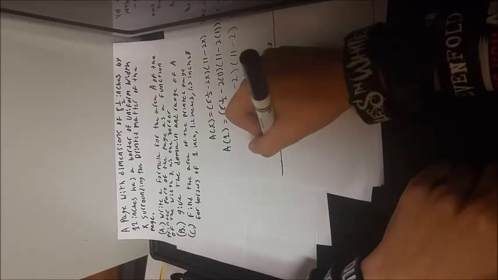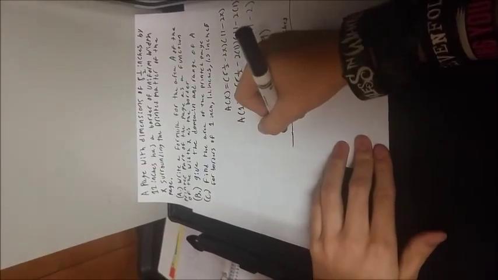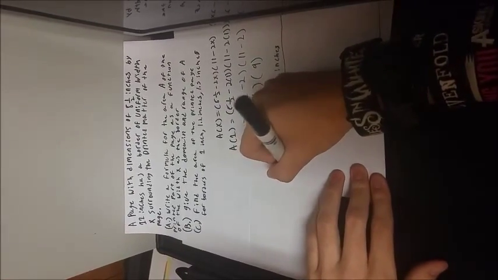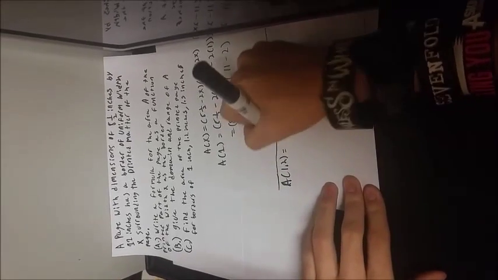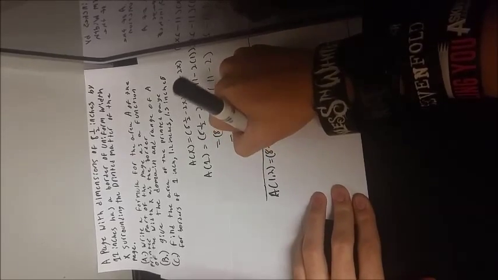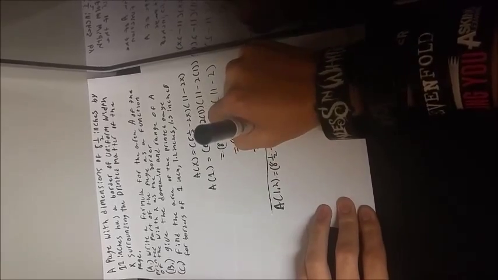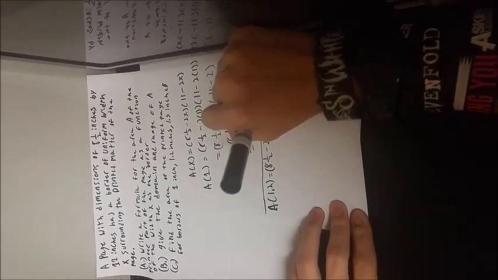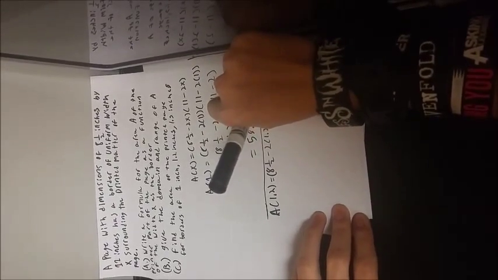So for part 2 of part C, we do the same thing as for 1 inch. So we write it as A of 1.2 equals 8.5 minus 2 times 1.2, times 11 minus 2 times 1.2.